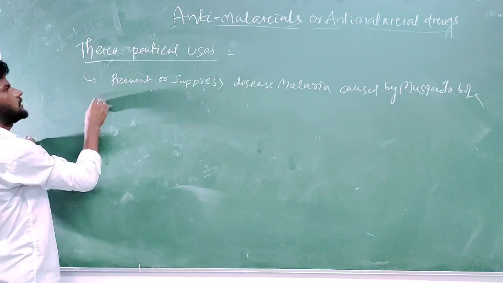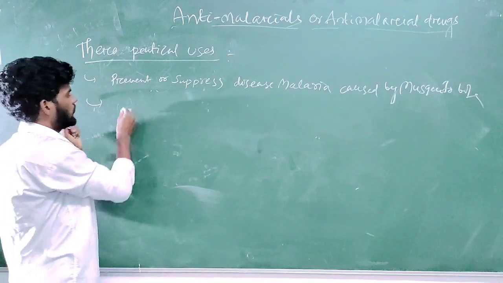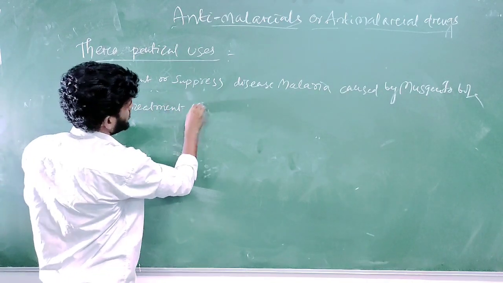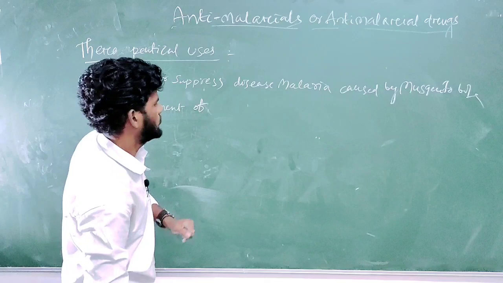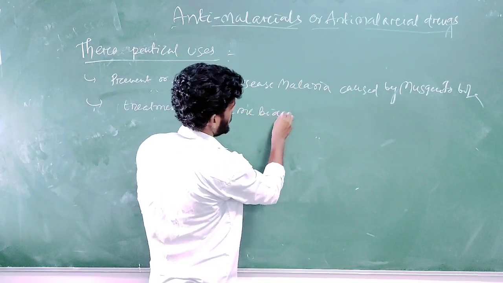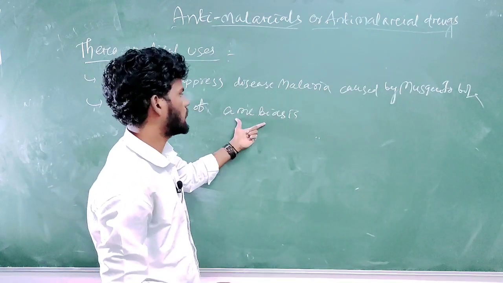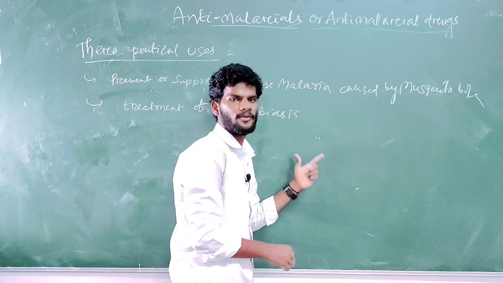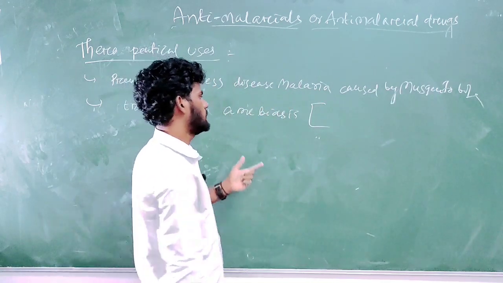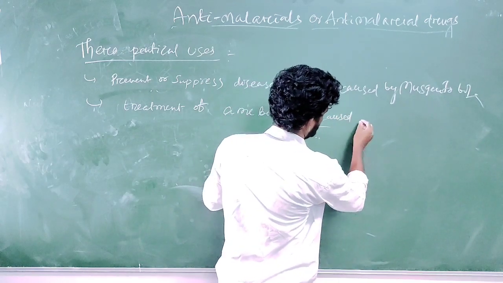The second use is particularly the treatment of amoebiasis. What is amoebiasis? It is a disease caused by one protozoa. There are different protozoa; one is amoeba, which all of you know. Amoebiasis is caused by the amoeba protozoa, a parasite.